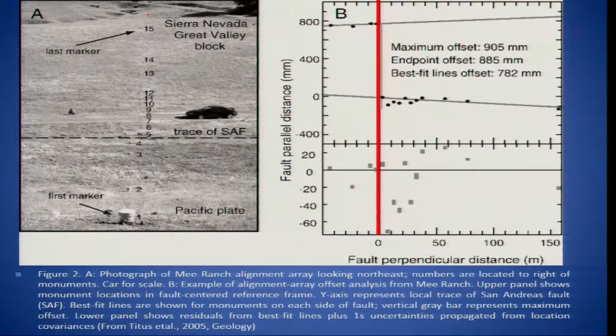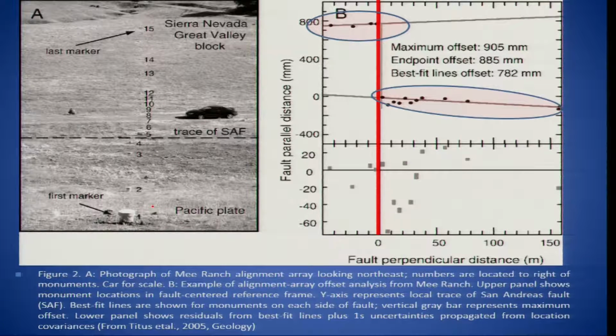The maximum offset which they were able to pick up was 905 millimeter, and the endpoints were showing a displacement of around 885 millimeter, and the best fit line shows the displacement. So, the overall average displacement which they found was around 780 meters or so. These are the GPS points which show the displacement, and then the end point is here. So, you are having the maximum displacement between these 2 points here.